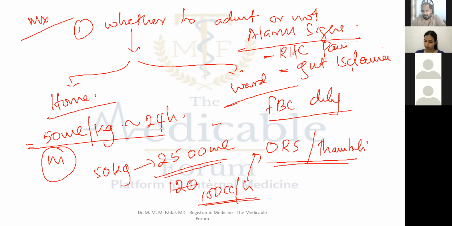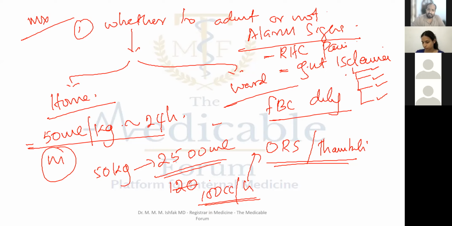This can be epigastric pain, dyspeptic symptoms, loose stools, nausea, and vomiting. So gut ischemia is the next thing you have to advise them on.